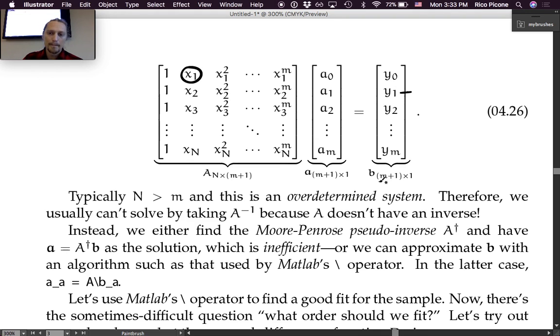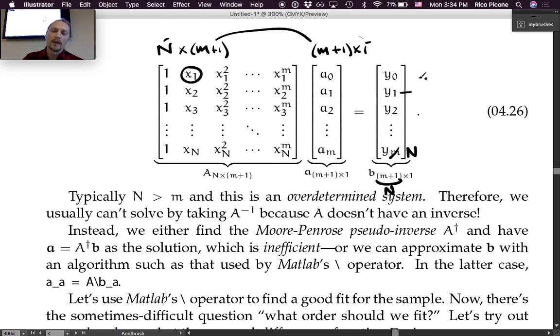Because whenever you line them up, the plus ones cancel. So this is an n by m plus 1, and then we're going to multiply that by an m plus 1 by 1. The inner dimensions cancel, so we get left with an n by 1. Good call. Thank you.